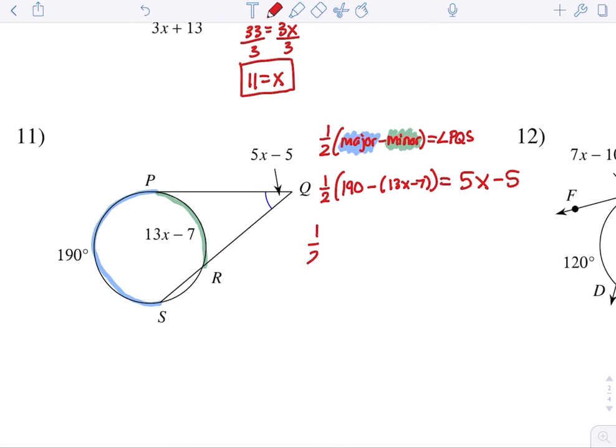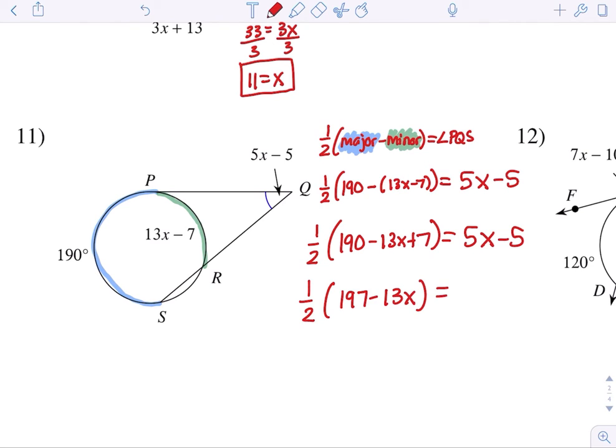So 1/2, 190, distribute that negative sign to the inside, and keep on simplifying, so 197 minus 13x is equal to 5x minus 5. Now, I'm not going to multiply that 1/2 inside because we're going to get some fractions.